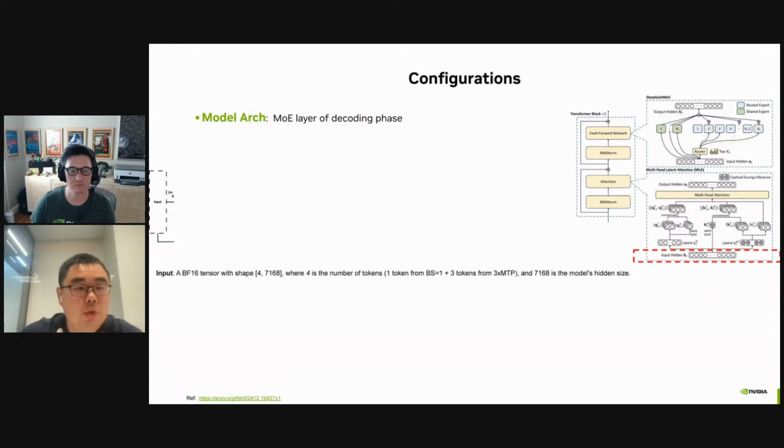The first module is the input module. As I have said before, the input is a BF16 tensor with shape 4 by 7K, where 4 is the number of tokens, the first token from batch size 1, and the other 3 tokens from MTP layers. And 7K is the model's hidden size.